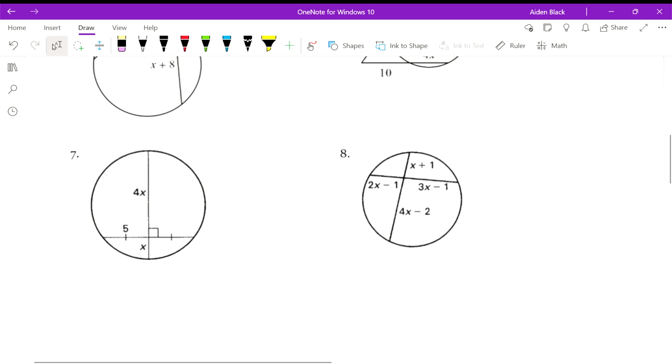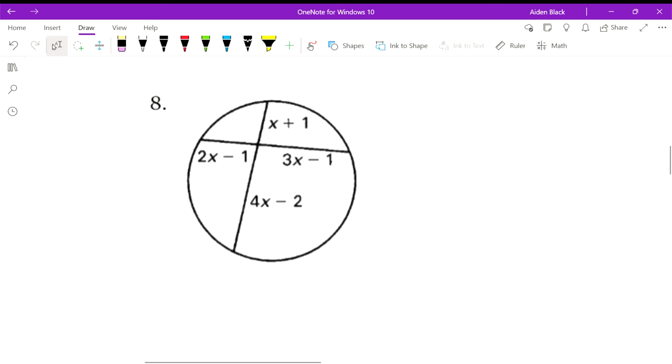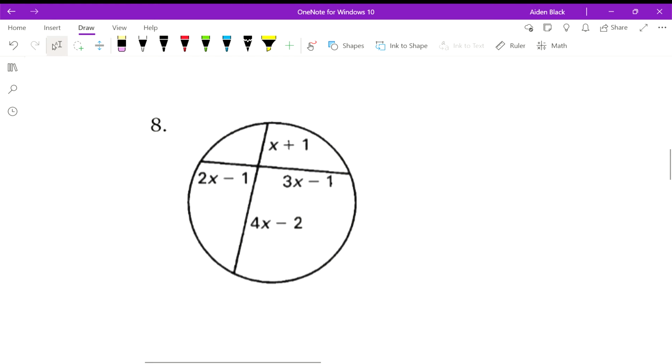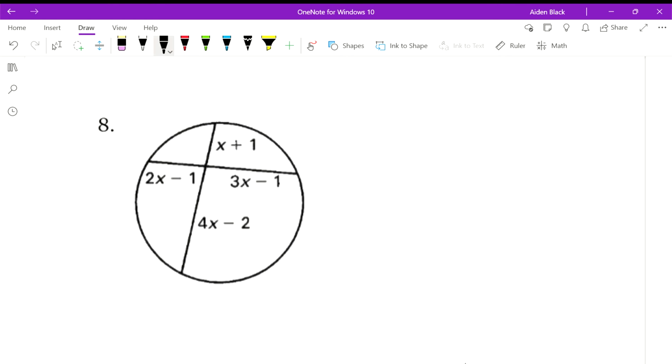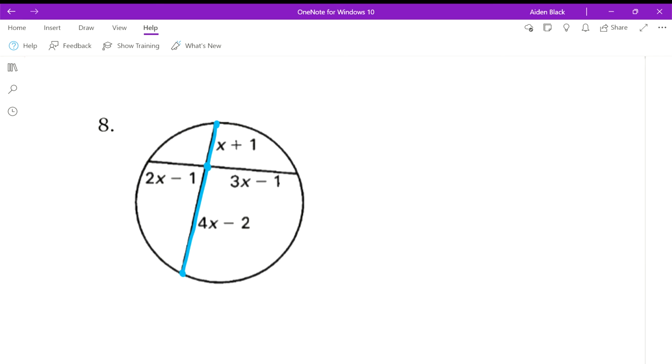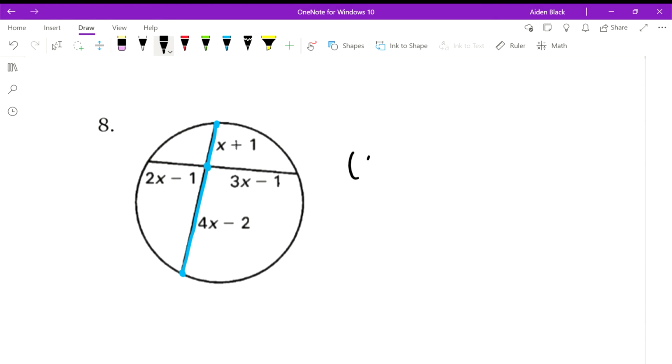Alright, another chord there. Maybe we'll go with this chord real quick, because there's more x values, and I'm sure we'll end up with a quadratic. So once again, you take two segments of one chord, see there's two segments here, and you multiply them together. X plus 1 times 4x minus 2.